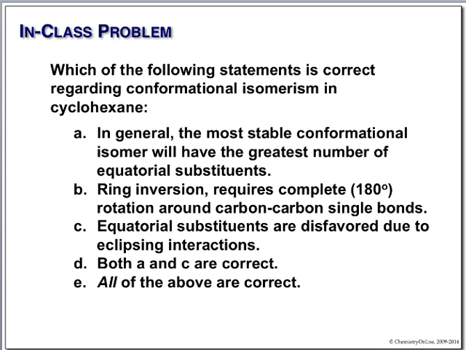Equatorial substituents are disfavored due to eclipsing interactions. Well, that's not really true, is it? Because what we said is, the more equatorial, the better. A and C are correct. Well, C is not. And of course, they're not all correct. The only one that works is A.